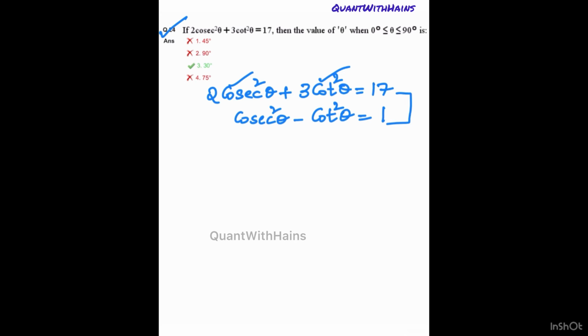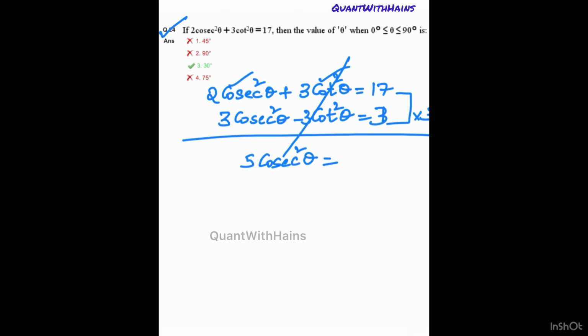Now we'll multiply the second equation by 3 to eliminate cot, then add both. 2 plus 3 is 5, cosecant square theta is 17 plus 3, which is 20. So cosecant square theta is 4, which means cosecant theta is 2.